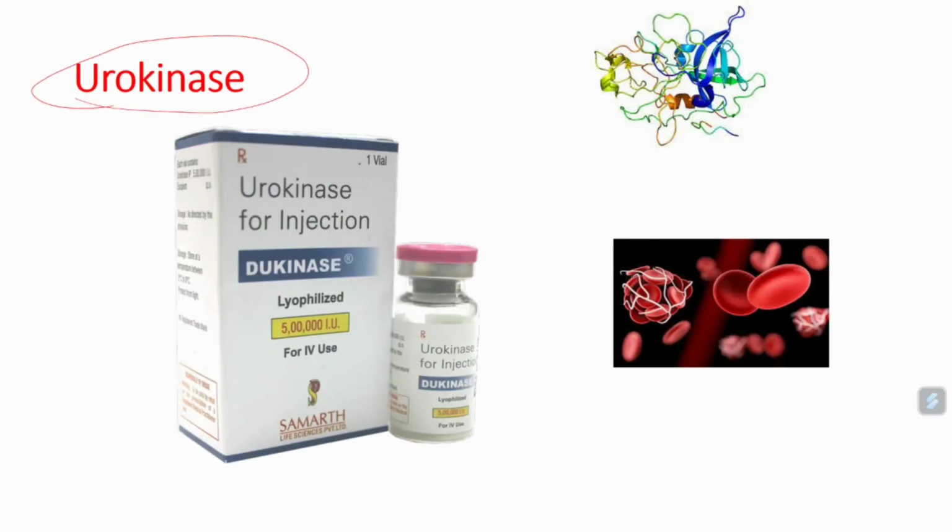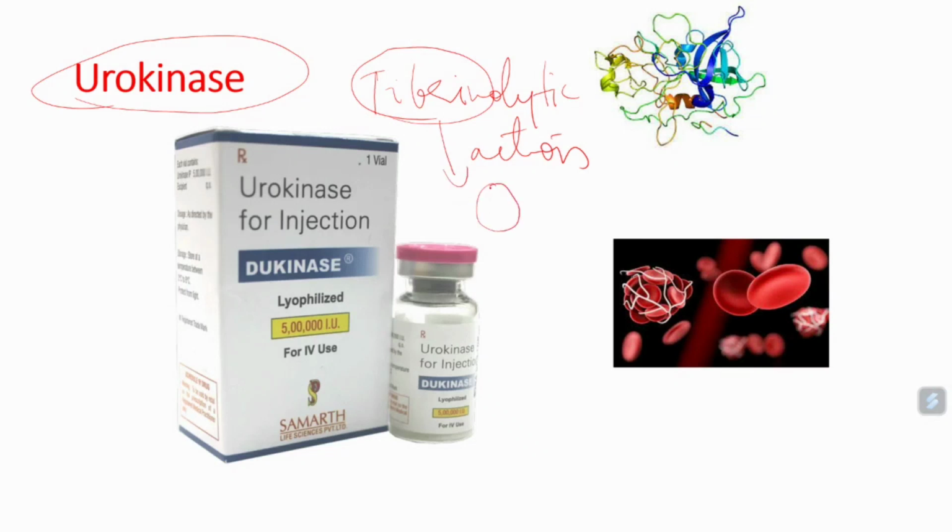Urokinase is another very important enzyme which has different actions. It has fibrinolytic action. Actually, it breaks the fibrin threads which are formed in the coagulation cascade when the clot is already formed.